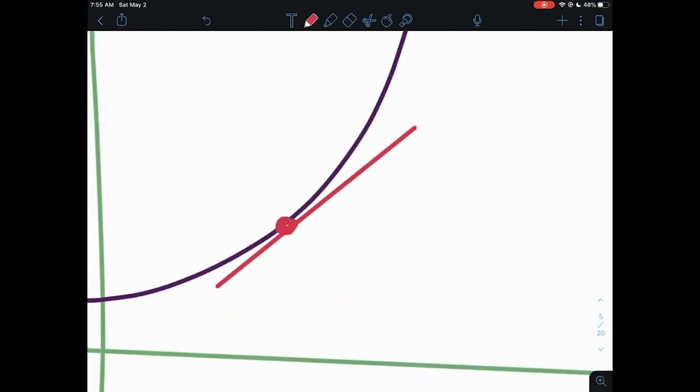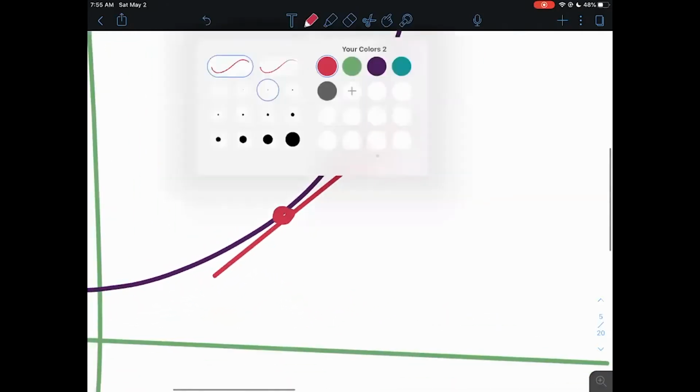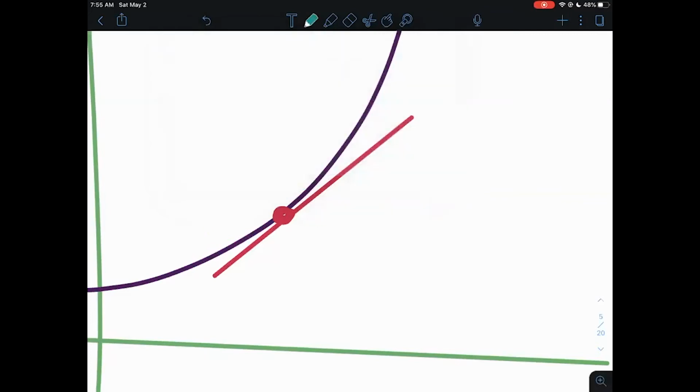If we zoom in really, really closely, we can use that tangent line to make approximations for our function values at x values that are really close to that point of tangency. So maybe this piece right here, because in this teal area that I'm highlighting, our tangent line and our actual function look pretty similar.